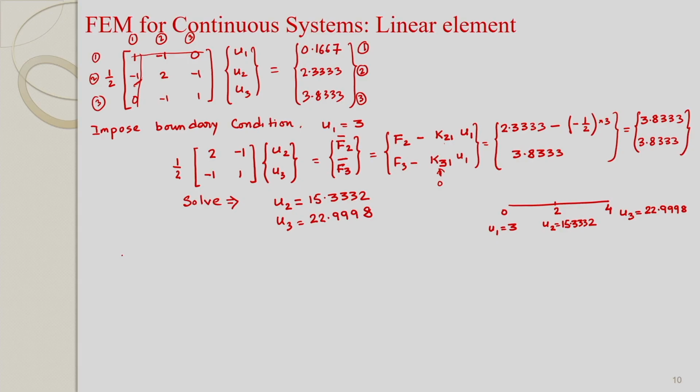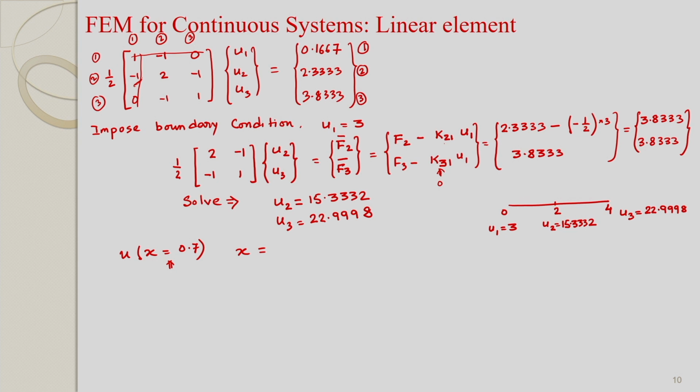If we want to find the value of u at any intermediate point, then we have to do post processing. Let me explain this with one example. Suppose we want to find the value of u at x equal to 0.7. So, the first step is, we know this point x equal to 0.7 appears in the first element.